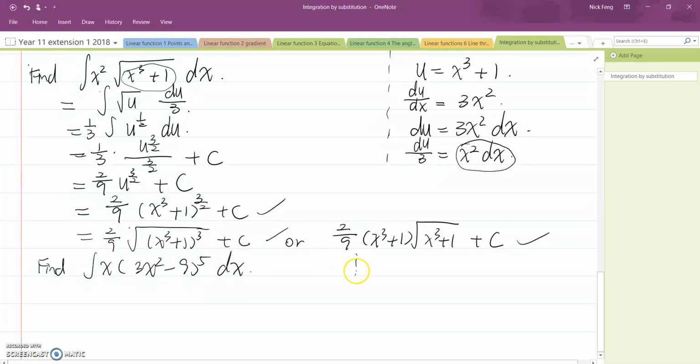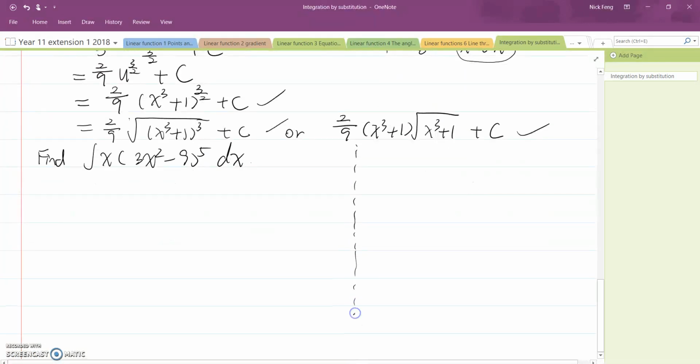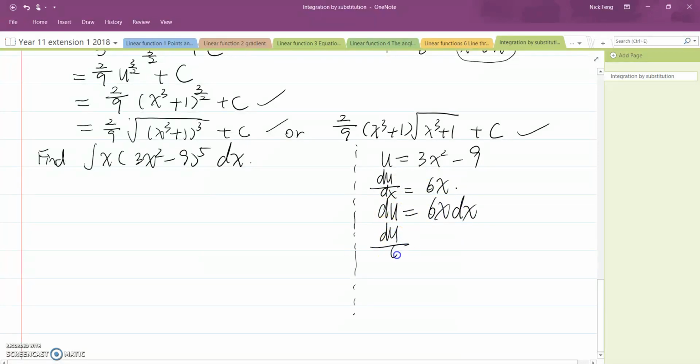Okay, so now let's do integration by substitution again. Obviously, in this case, we let u equals 3x squared minus 9, du over dx is 6x, and du equals 6x dx. And du on 6 equals x dx. Remember, that's what we are provided.